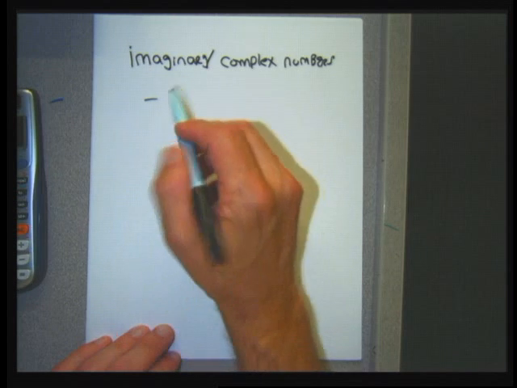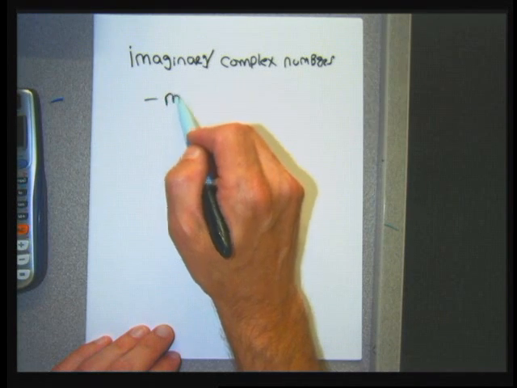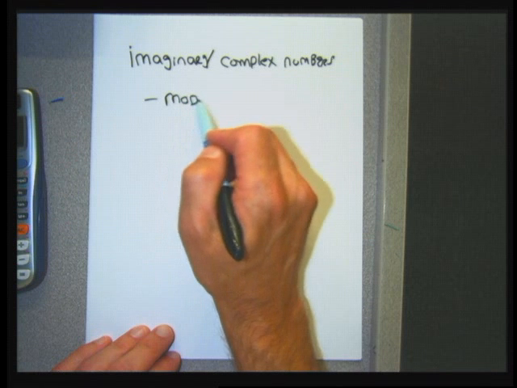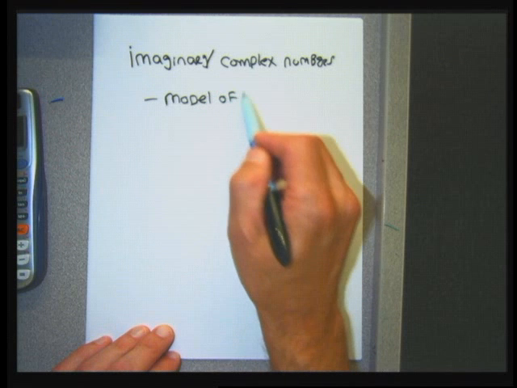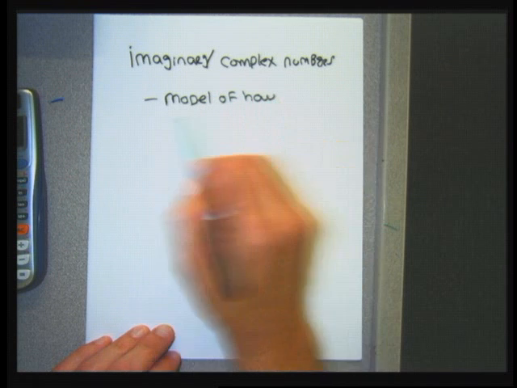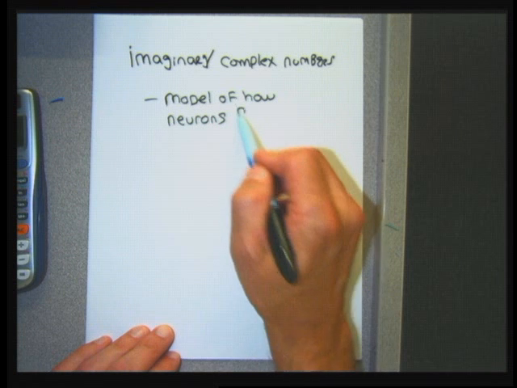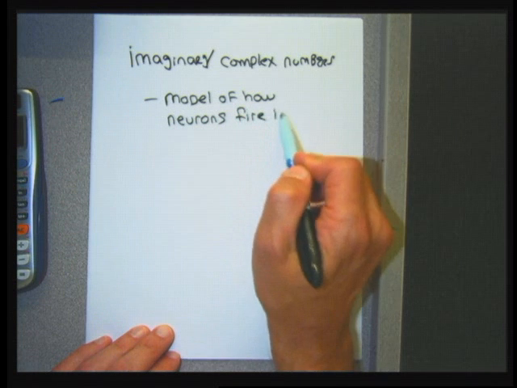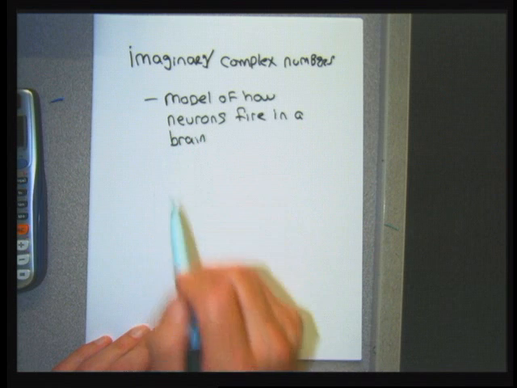For instance, if I was a neuroscientist and I wanted to create a computer model of how neurons fire in a brain, the code is likely going to contain i.